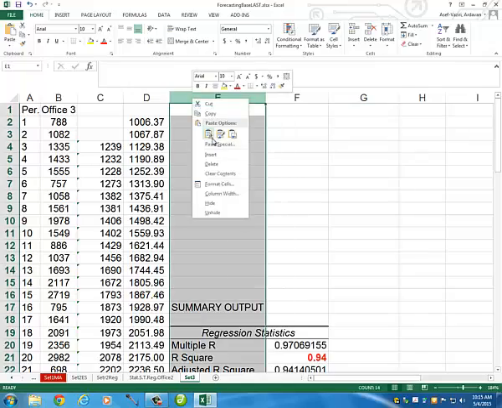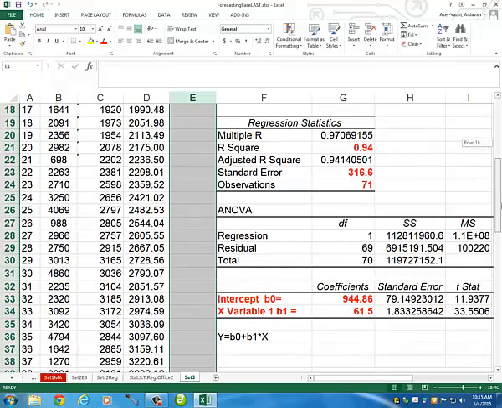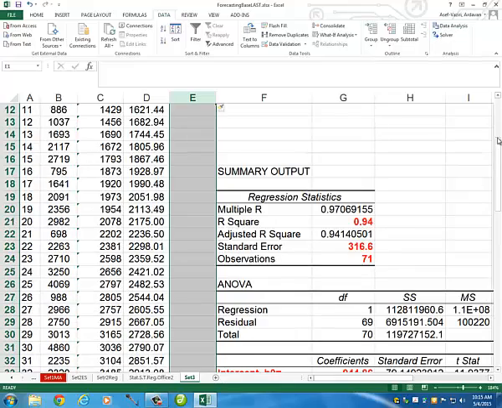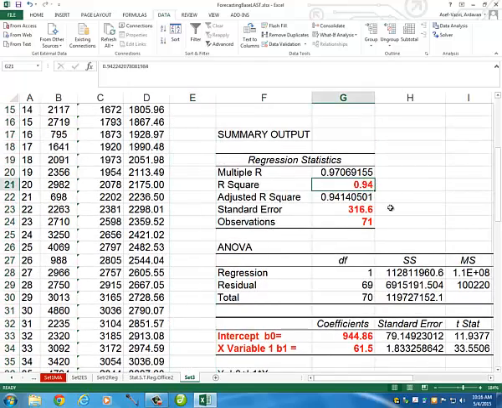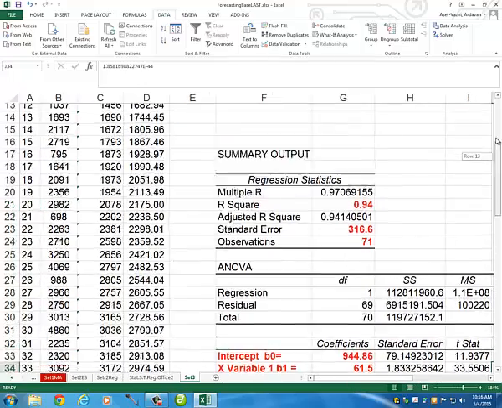Let me tell you something here. We used the regression analysis capability of data analysis. The benefit of this is it will give us coefficient of determination, standard error, and also p-value. But there is a problem.